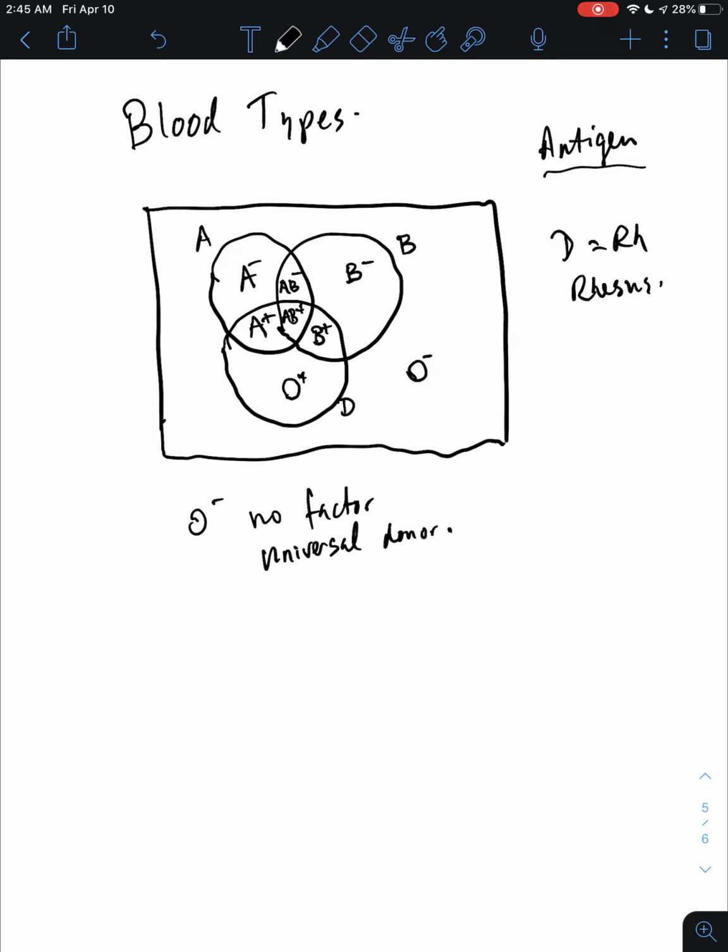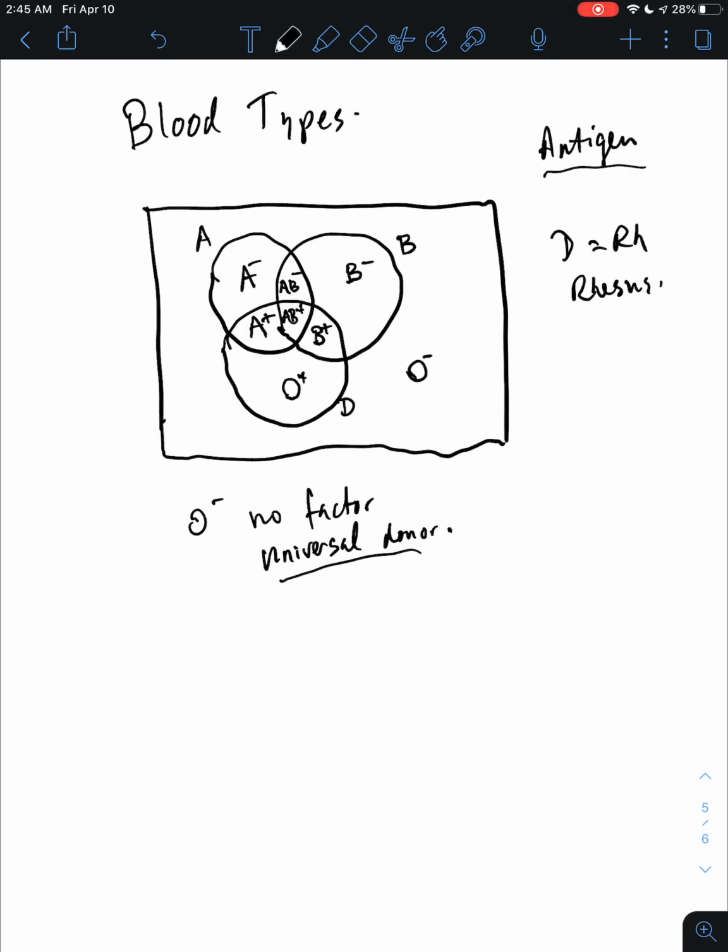So anybody can take O negative blood, and that's why O negative blood type is a universal donor. This is very important in medicine. Suppose you have an emergency, paramedics drive around with a supply of blood in case they come across a patient who needs a blood transfusion on the spot, or at least needs blood on the spot, is losing blood.